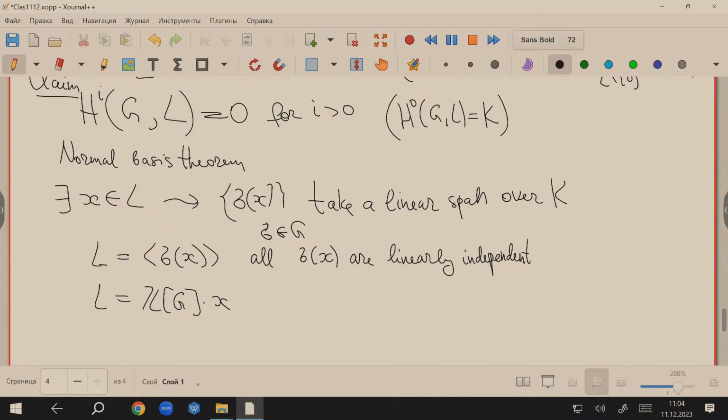You are fixing the element, generating K x, the field, and then applying the whole Galois group.